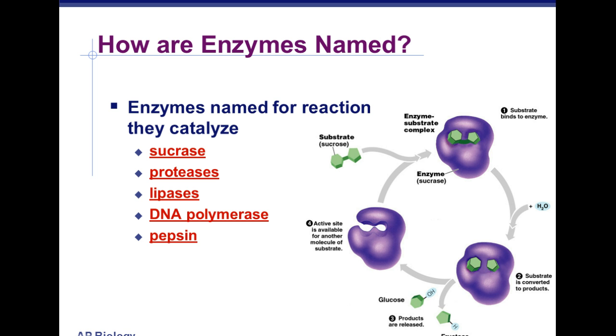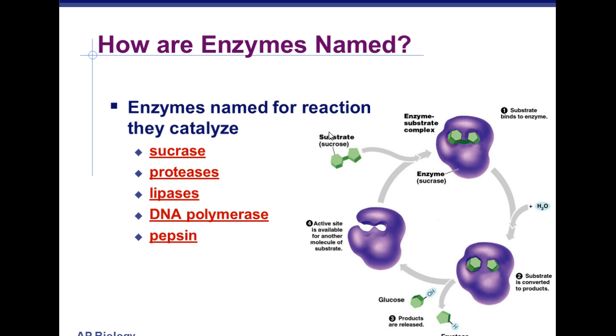For example, you see sucrase here. Here's our substrate. You see sucrase, which would be the enzyme that breaks down sucrose. So here's sucrose. Sucrase would be the enzyme that works with sucrose.